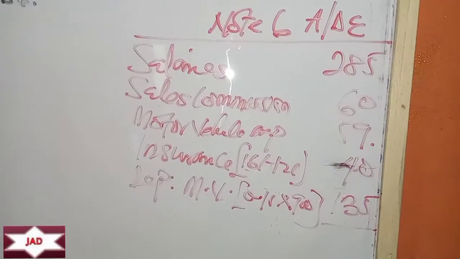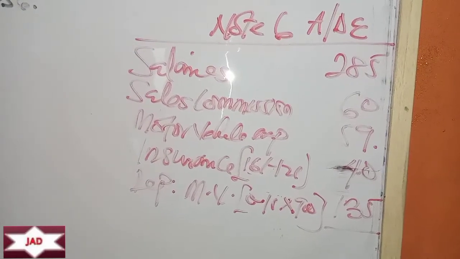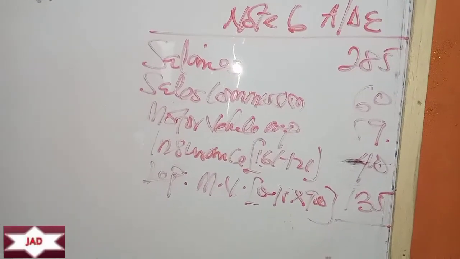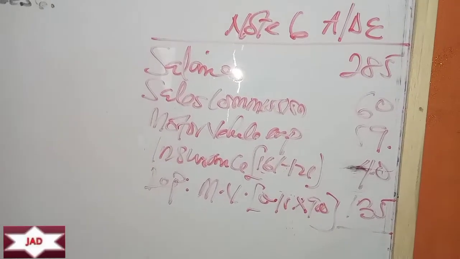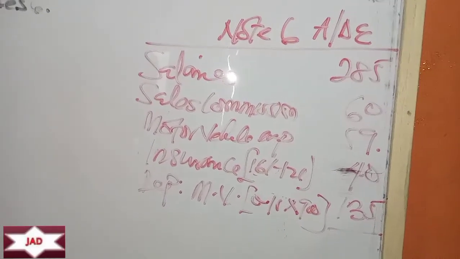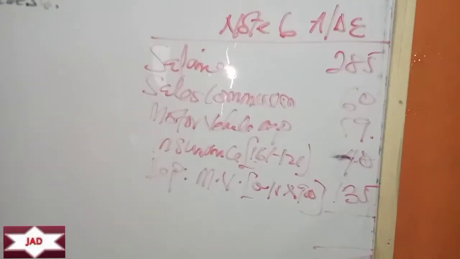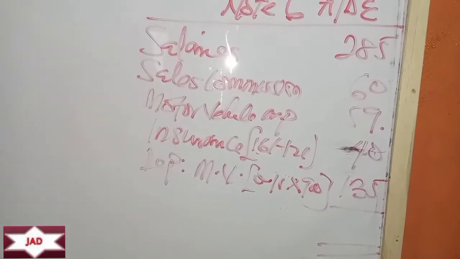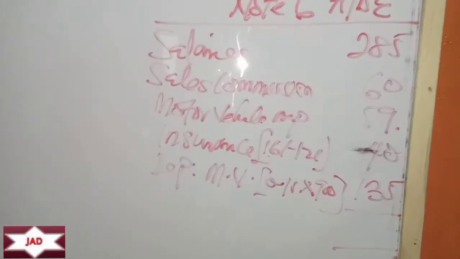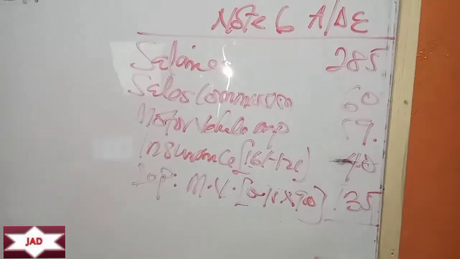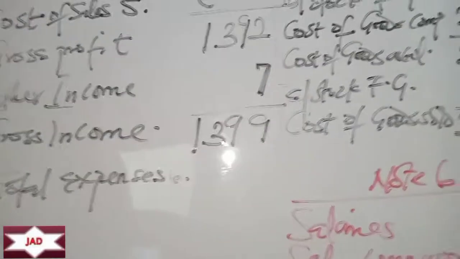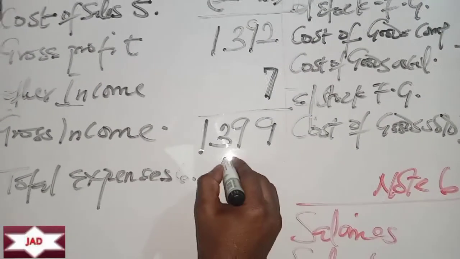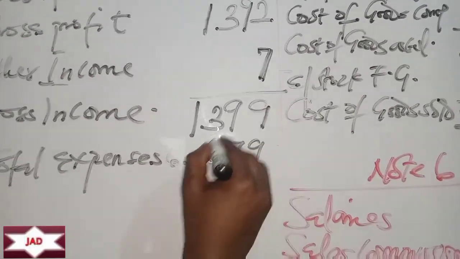So let's add up. 285 plus 60 plus 59 plus 40 plus 135. Okay, so that's 579. So come here, total expense 579.